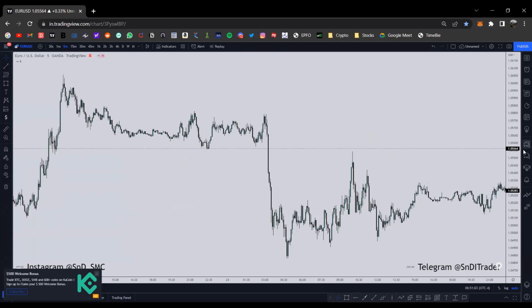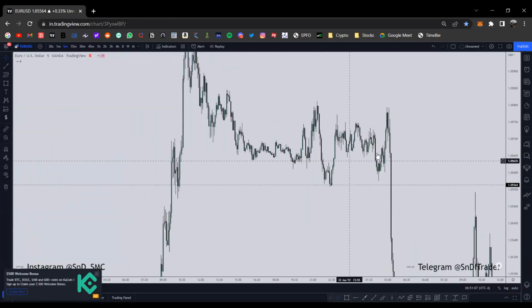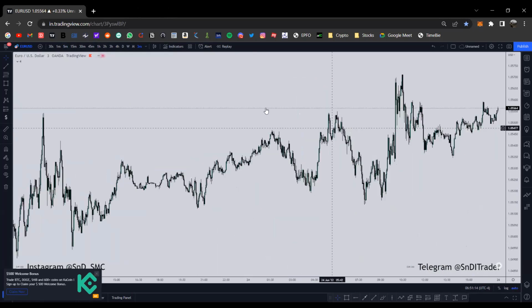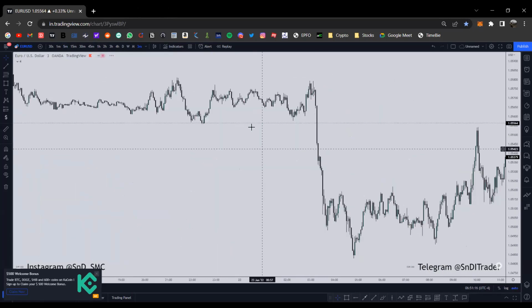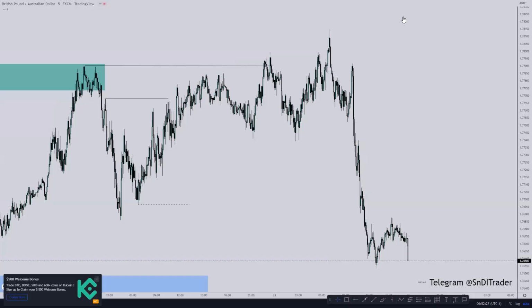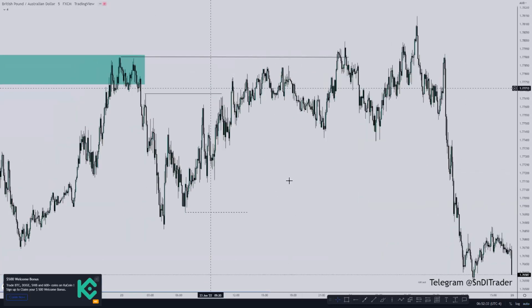Now see what happened here. This is a GBP USD chart.